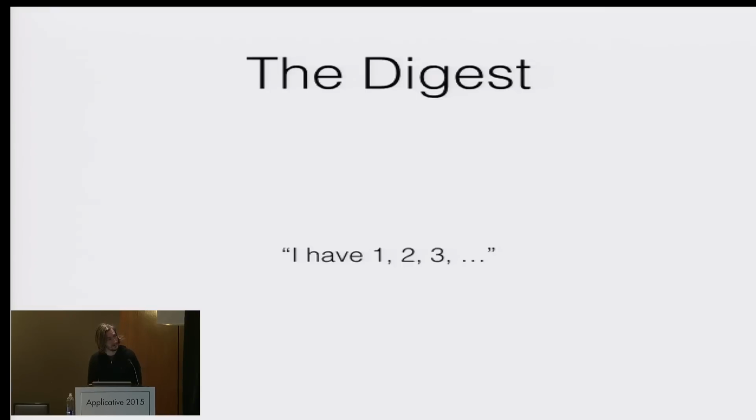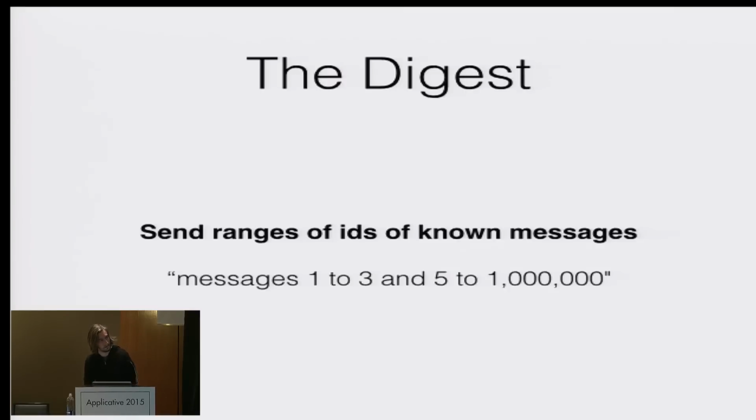Well, the idea is basically that there is a giant list of messages that you have, and at some point you have to get rid of them. However, it doesn't actually have to be a list. What we actually do is we send ranges of IDs around.